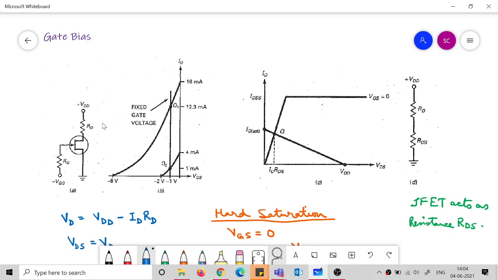By the way, I hope you understood why it is named field effect transistor, because the transistor action is getting driven due to the gate source voltage field that is getting created. So that electrical field, electrostatic field, is controlling the drain current. So that is why it is called field effect transistor.